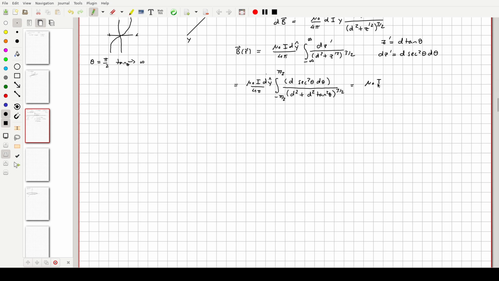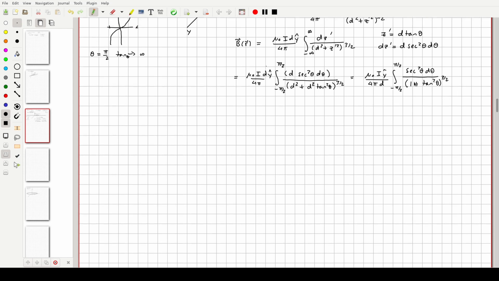So to rewrite that, that's what you have sitting out in front of the integral. You have a secant squared theta d theta over 1 plus tangent squared theta raised to the 3/2 power.